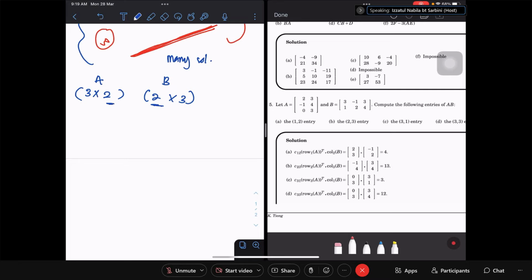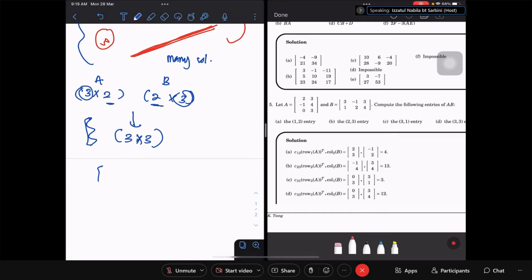So how do you know the size of the multiplication? When A times B, the result will be 3 times 3. That is how you decide on the size of the multiplication.